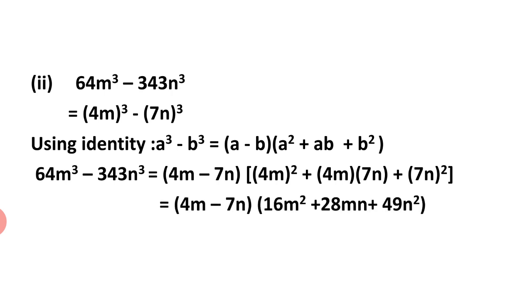So you can have it as 4m minus 7n into 16m square plus 28mn plus 49n square. So remember these two identities, a cube plus b cube and a cube minus b cube. Let us go to the next question.